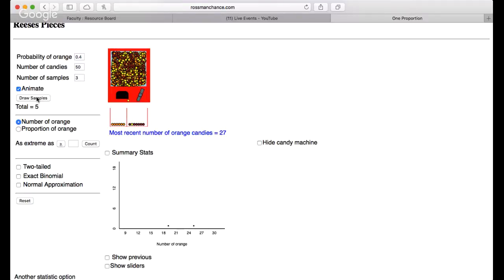Let's see what else. Got 27. I need 1 more. Here we go. I don't know why I like the simulation. It's kind of cool. But this basically will model something by random chance, where you can see how many oranges you get out of the total of 50 that you sample.